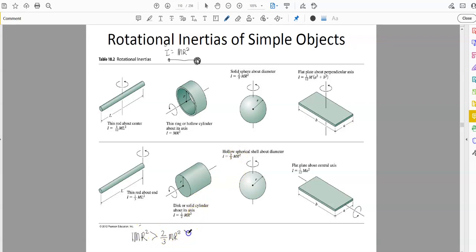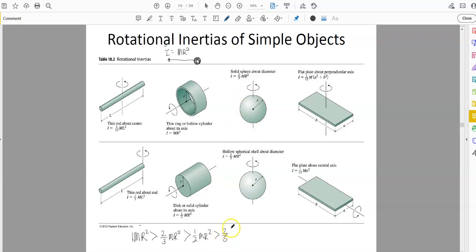Now it looks like the solid cylinder is going to be 1/2 mr squared. And then it looks like 2/5 mr squared comes next, which is the solid sphere.